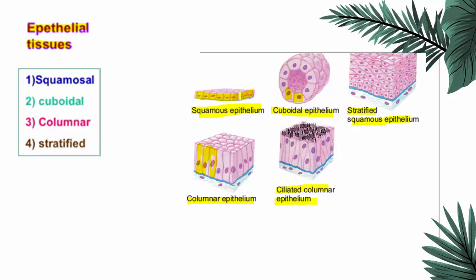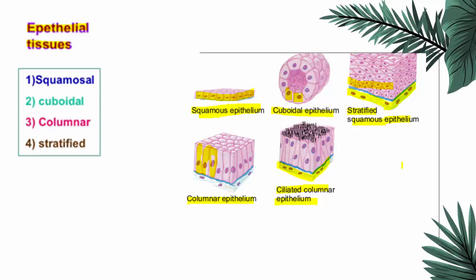That means they contain only one nucleus, and all the cells of epithelial tissues, they are arranged on a specific membrane called basement membrane. This you need to remember very clearly.